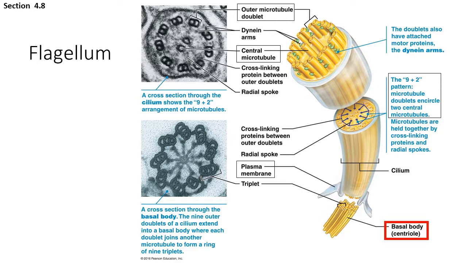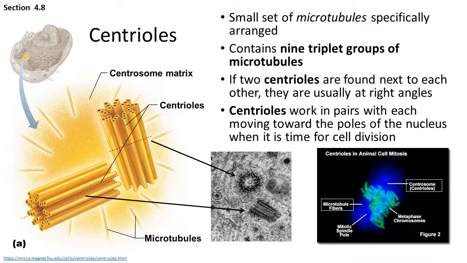If you compare it to the basal body of the centriole, they're identical, in that the centrioles and the basal body of the flagella contain 9 triplet groups of microtubules.